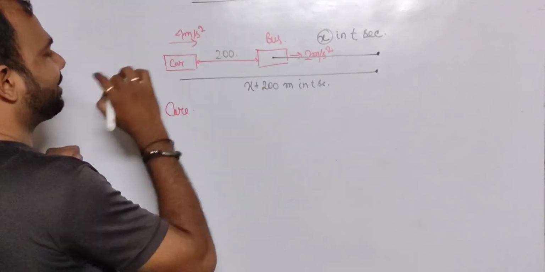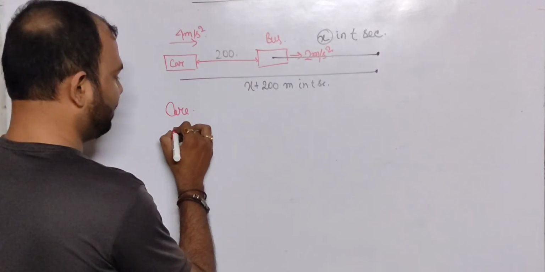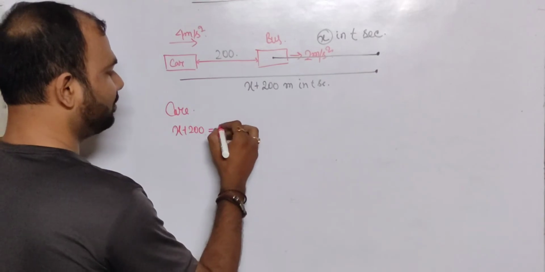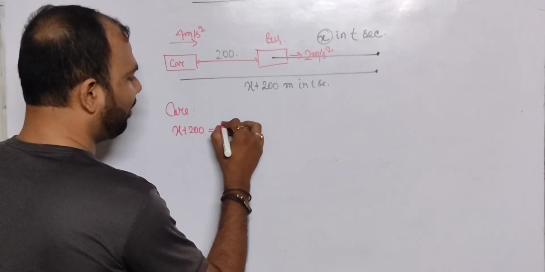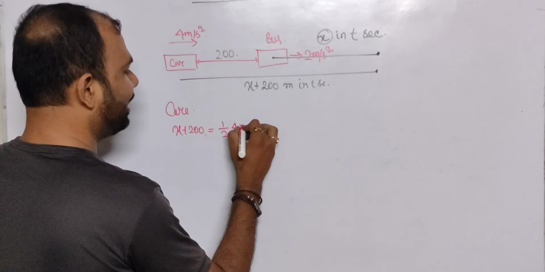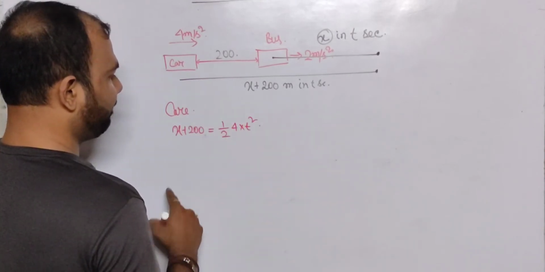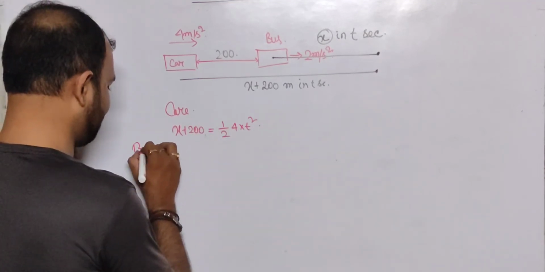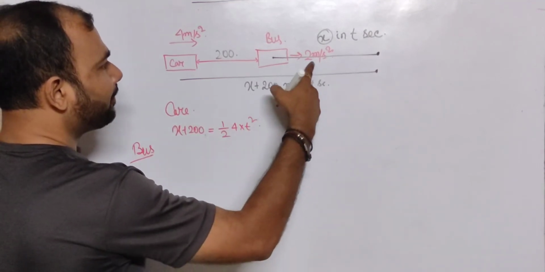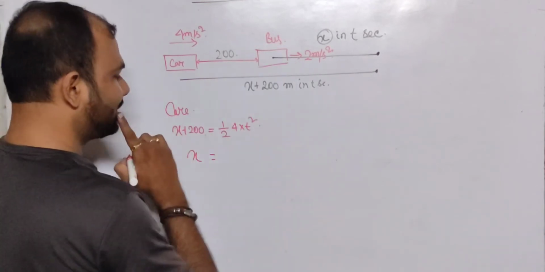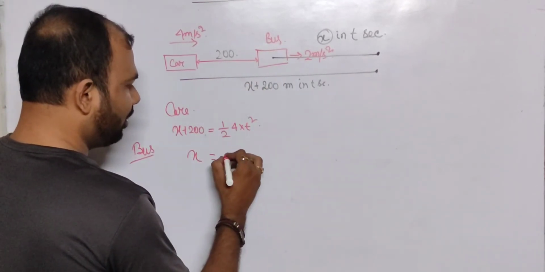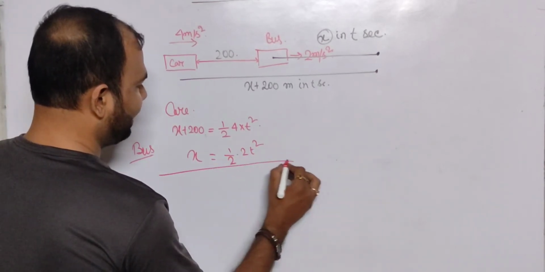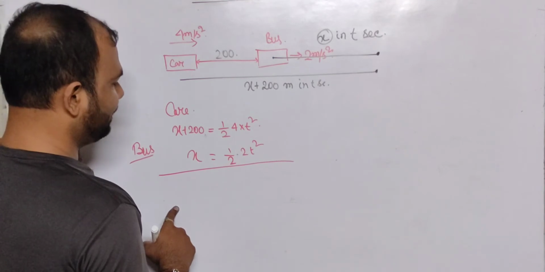Initially, both of them are at rest. For the car, S is x plus 200 equal to ut, 0 into t, plus half acceleration into t square. Next, for the bus, x is equal to, initially at rest, 0 into t, plus half into 2 into t square.